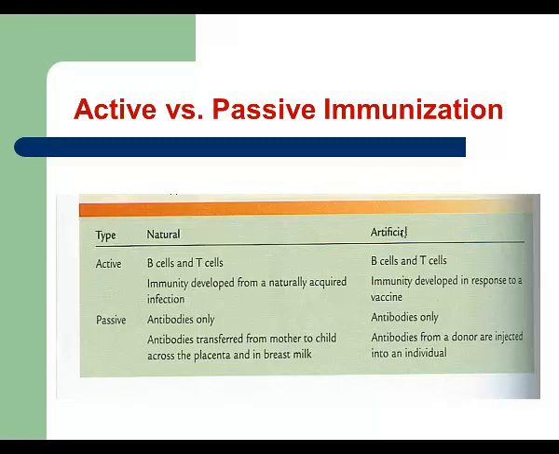Next type is passive and natural. Guys, passive immunity means antibody will be involved. And an example of passive and natural immunity will be the fact that immunoglobulin Gs can, for example, go across the placenta. And those are the first antibodies that actually child will receive from mother.